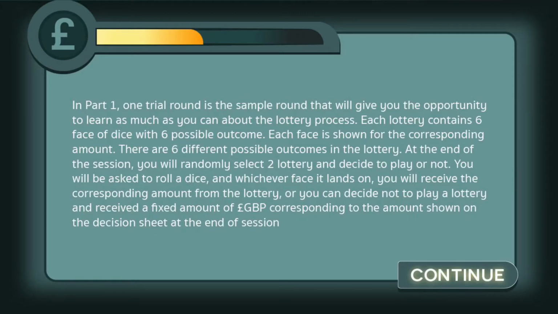You will be asked to roll a dice, and whichever face it lands on, you will receive the corresponding amount from the lottery, or you can decide not to play a lottery and receive a fixed amount of Great Britain pounds corresponding to the amount shown on the decision sheet at the end of the session. Now please click continue.